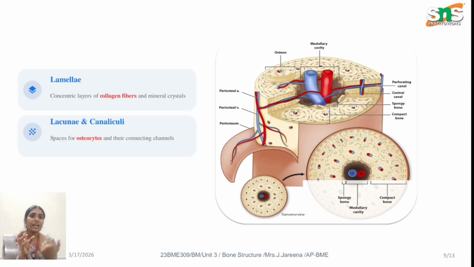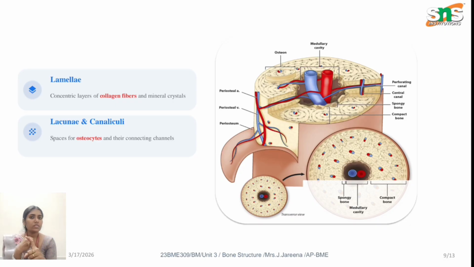These rings or layers are called lamellae, made up of collagen fibers and mineral crystals. The space between these lamellar layers is called the lacuna, which contains cells called osteocytes, and there are connecting channels that connect these spaces to the bone cells. That is called canaliculi. These are the innermost structures of the osteons.